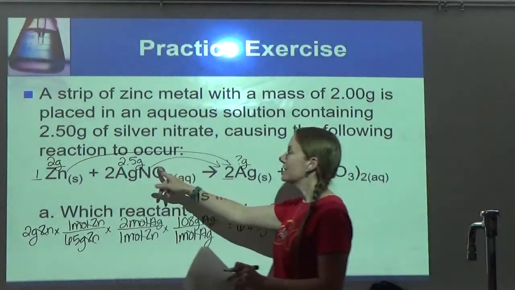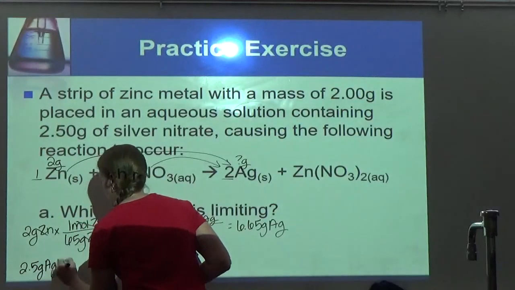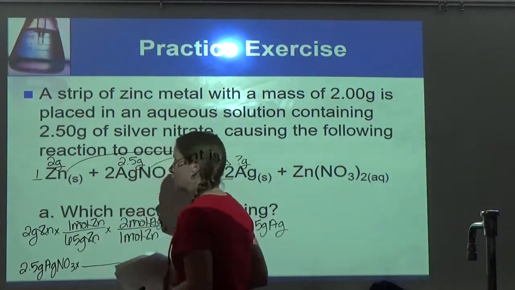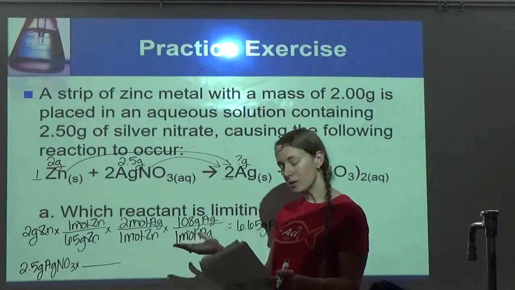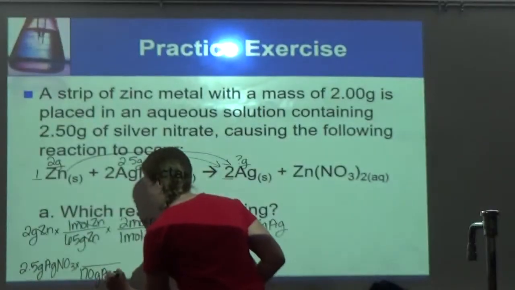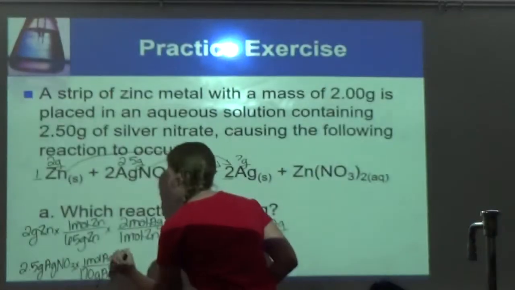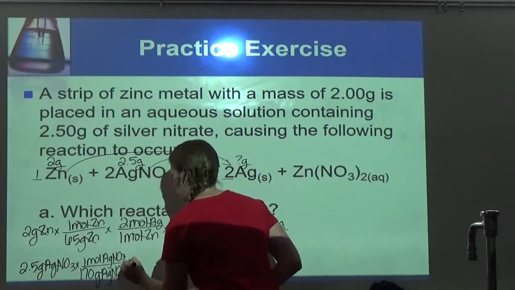Okay, so now I'm going to start with my 2.5 grams of silver nitrate. So of course, first step is change to moles using molar mass. So the molar mass of silver nitrate is about 170 grams, and that's in 1 mole. Second step, of course, is mole ratio.